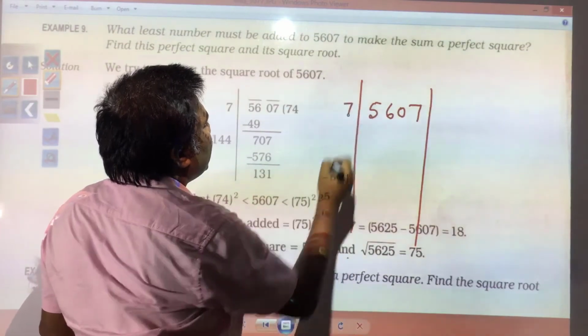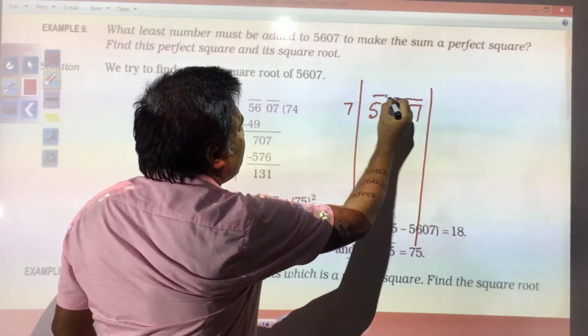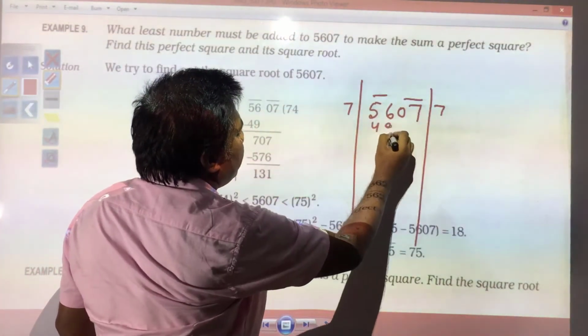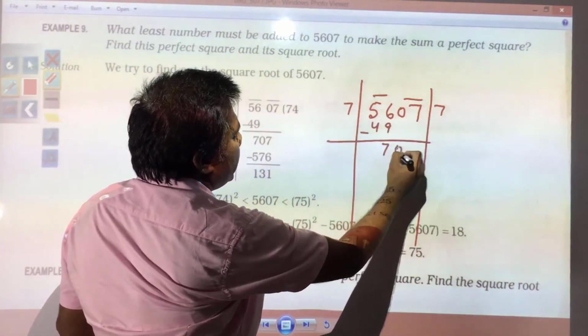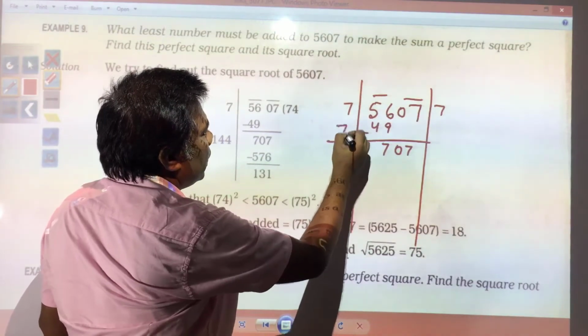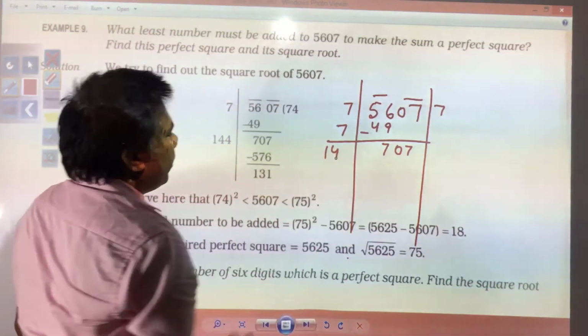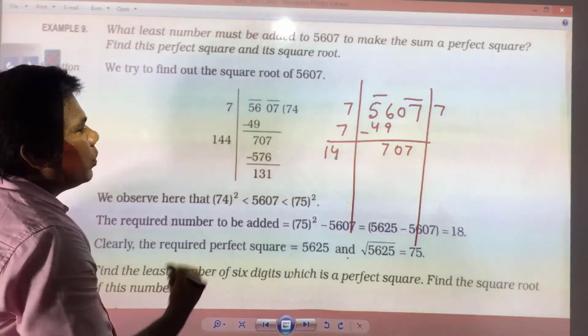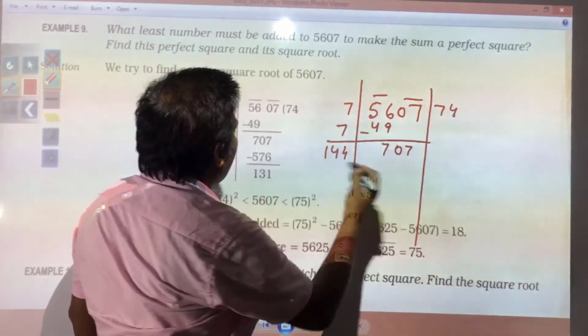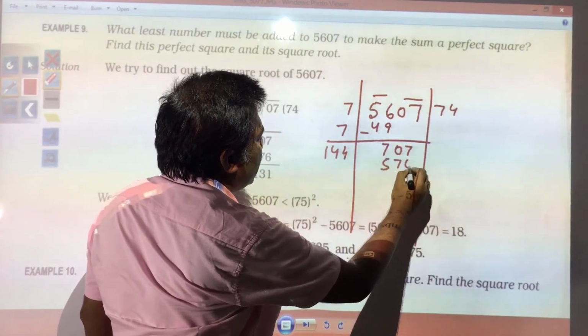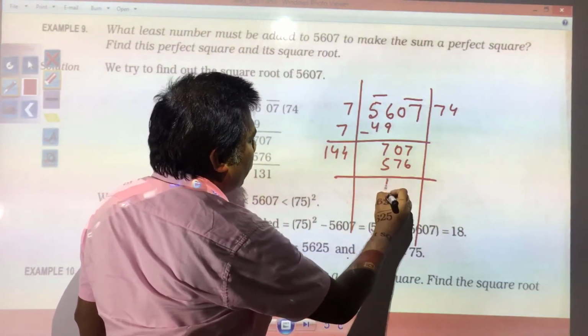Then by 7, if you divide this, you will get 49. If you subtract, you will get 7, and 07 is the next period, this will be added, you will get 14. Now, suppose 4 times you multiply this, what will you get? 576. What remainder have you got?